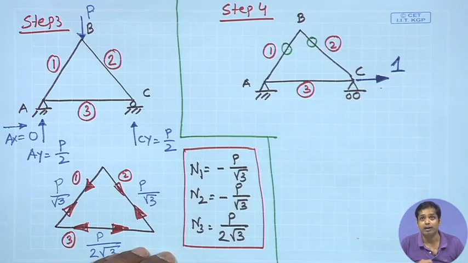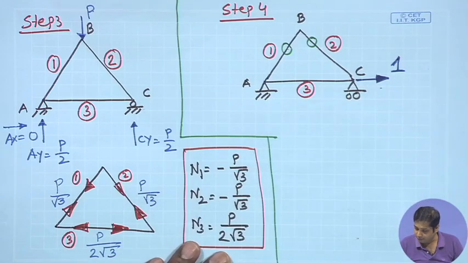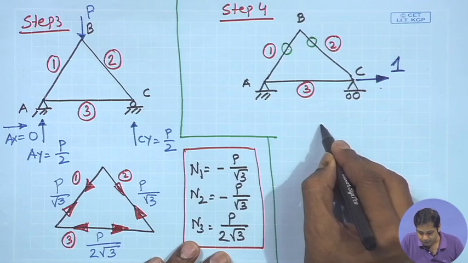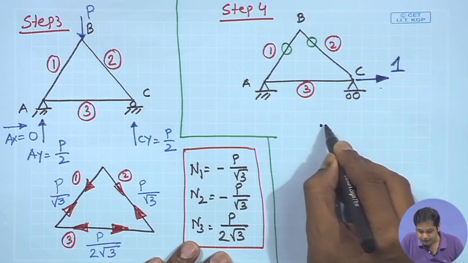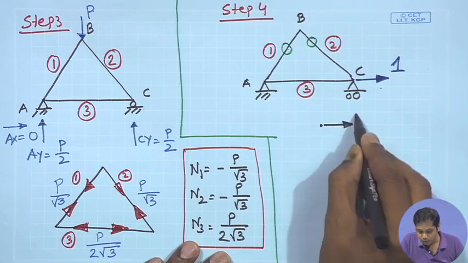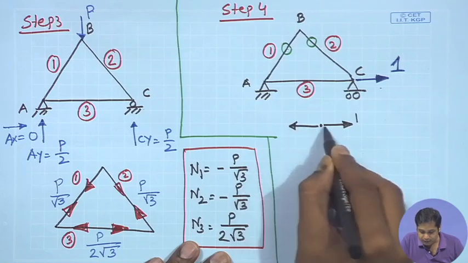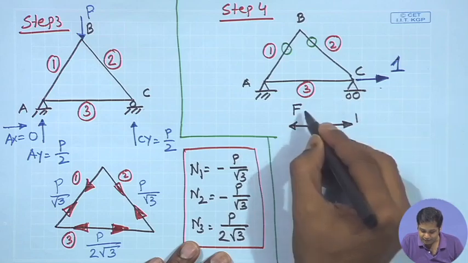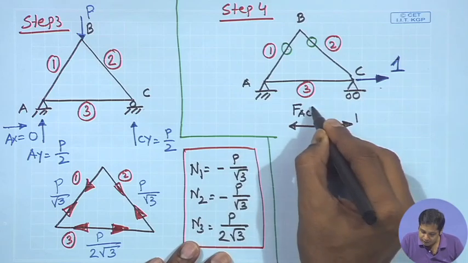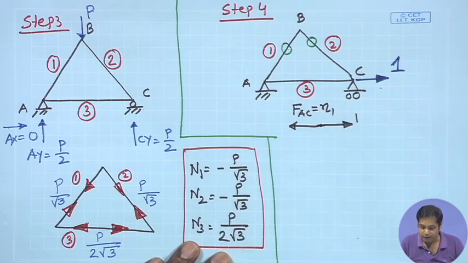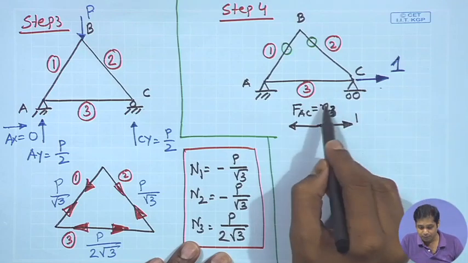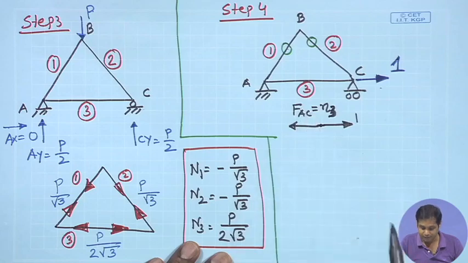Let us now draw the free body diagram of support C. If we draw the free body diagram of C, then this is point C, and this force is 1, and this force is F AC, which is also equal to N3, means the actual force in member 3 or FAC.